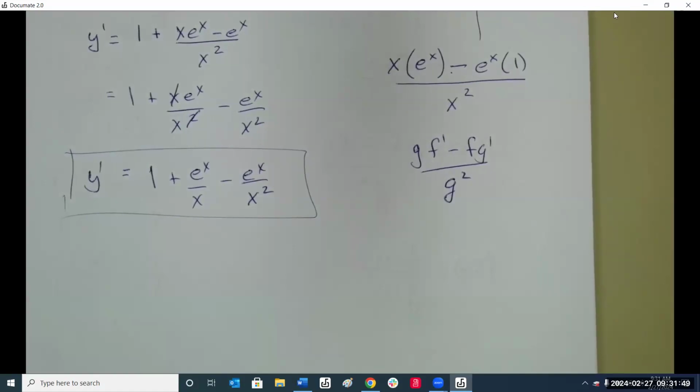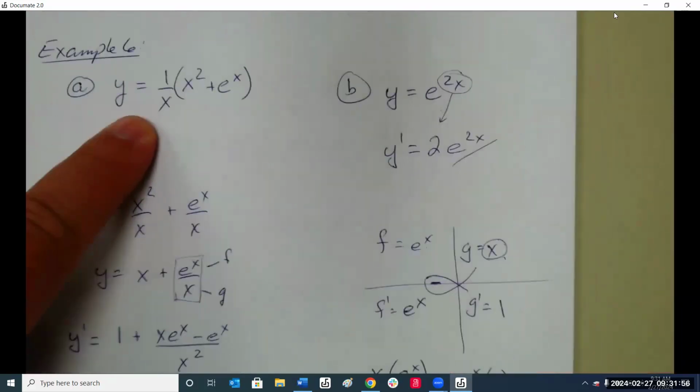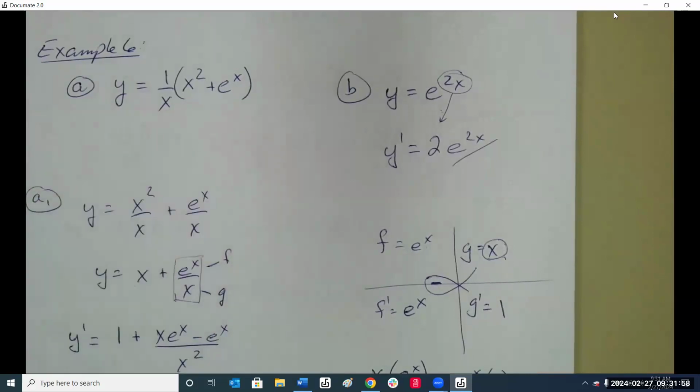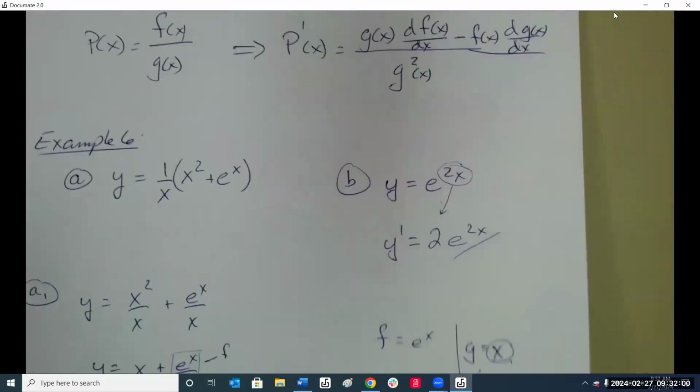The second way, we could have done the product rule. We could do the product rule here with both of these. This is A2.